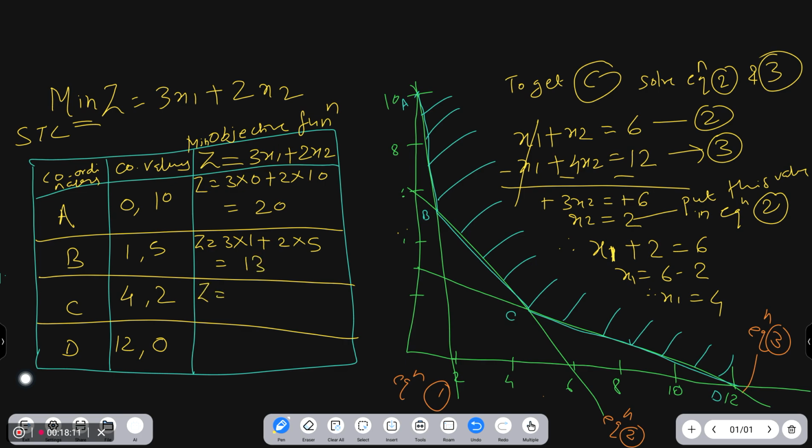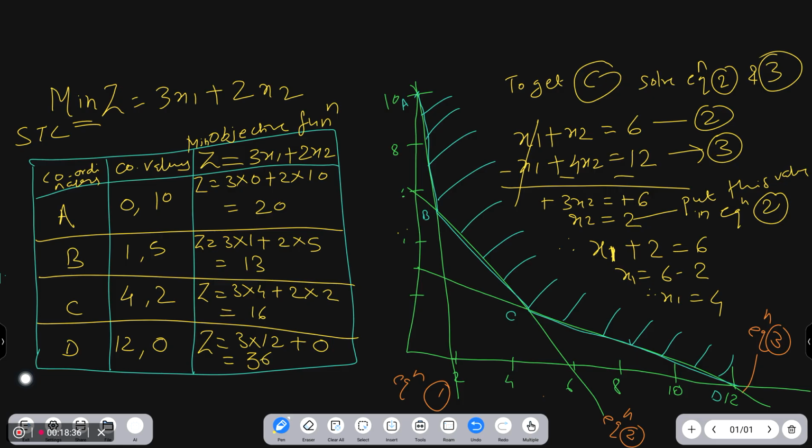Here z is equal to 3 multiplied by 4 plus 2 multiplied by 2. What is the final answer? 16. And what about here? z is equal to 3 multiplied by 12 plus 0 multiplied by 0. 0 multiplied by any value is 0. So how much? 36.